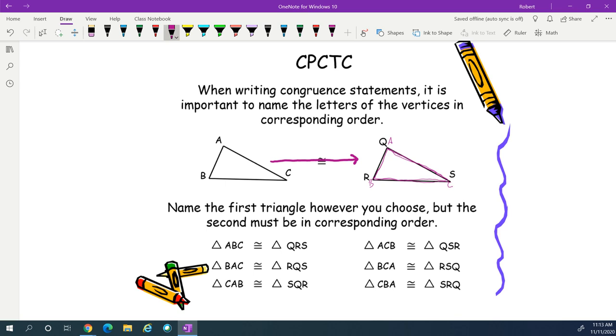Sometimes when it's reflected or rotated, it's not as obvious, so we need some strategy. But here we just have a translation, a slide.